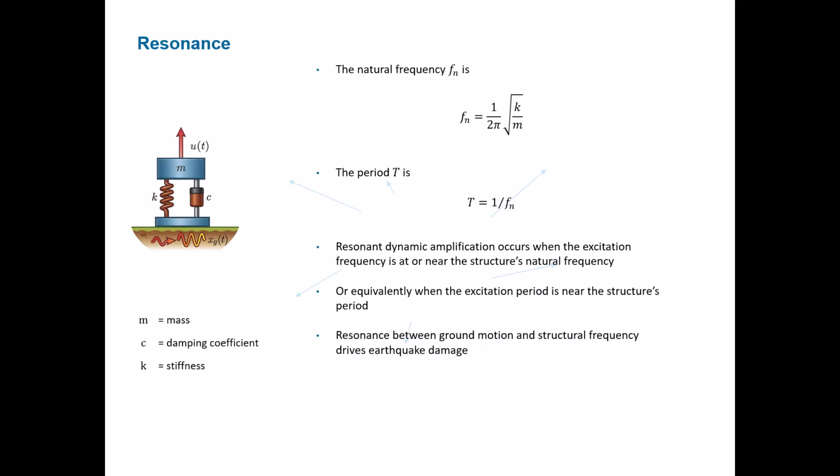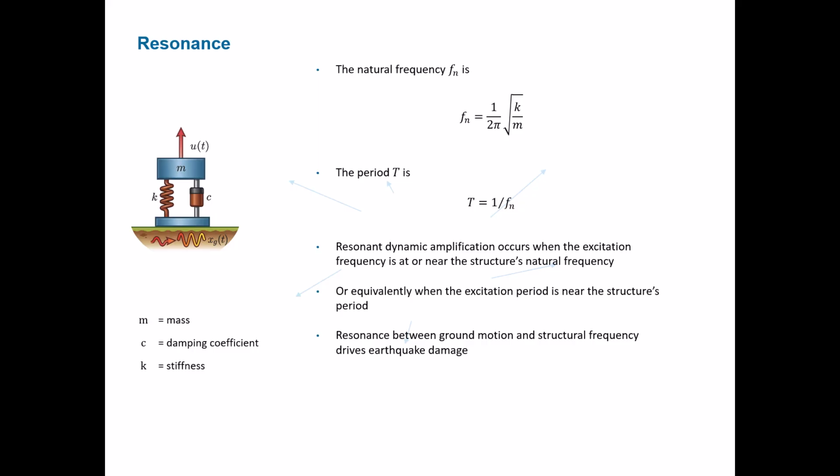Resonance is when the excitation frequency excites the natural frequency. We don't want that to happen because that causes dynamic amplification, which can lead to failures of various sorts. So resonant dynamic amplification occurs when the excitation frequency is at or near the structure's natural frequency, or equivalently when the excitation period is near the structure's period.